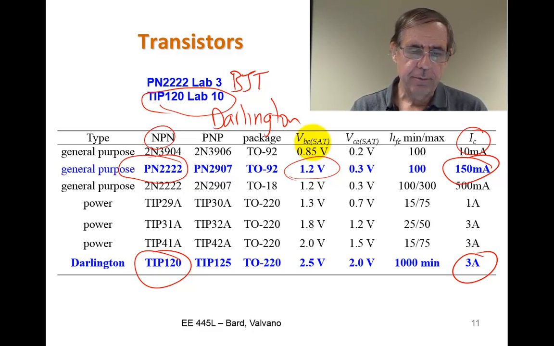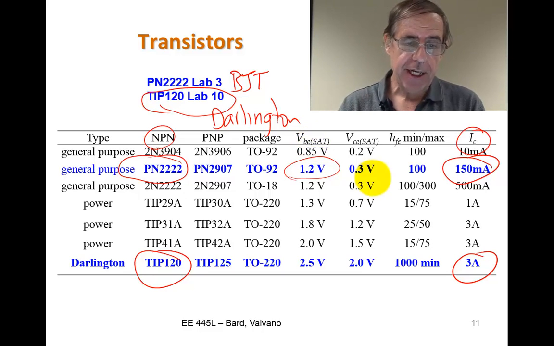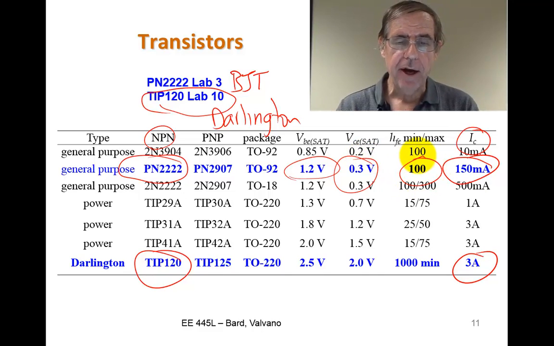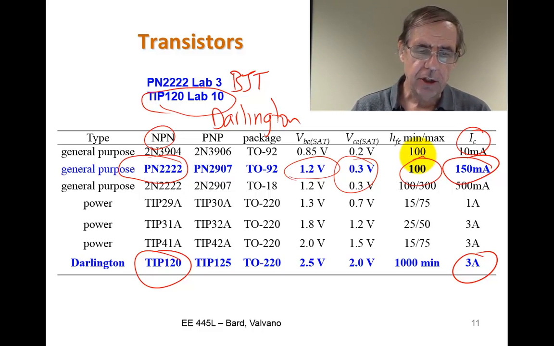If the base emitter voltage goes above 1.2 volts, the transistor goes into saturation, and at saturation the collector emitter voltage, in our case, is going to be 0.3 volts. Another parameter, which will help us choose the resistor that I left off in the last one, is called the current gain.